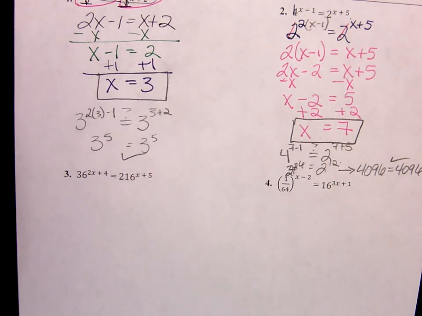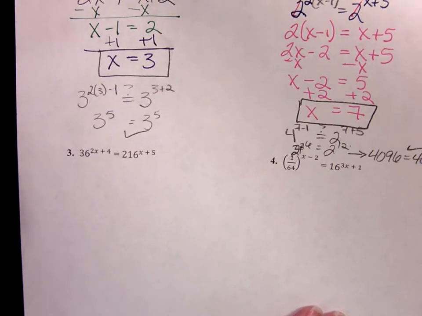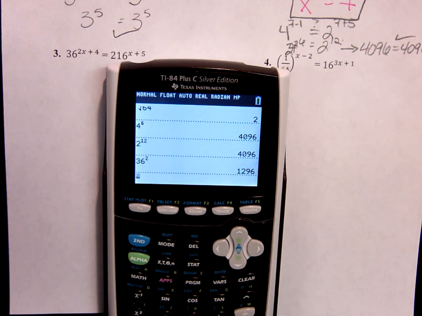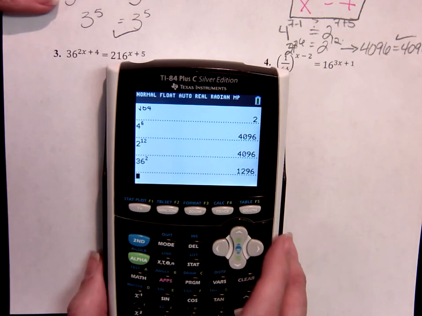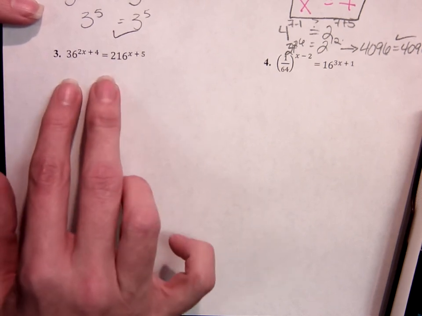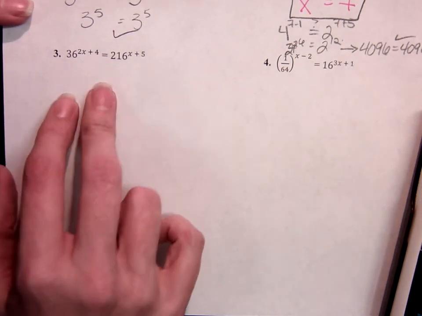Okay. Now, 36 and 216. They don't match. And I've got to see if there's a way to make them match. Well, best case scenario would be if 216 is some power of 36, right? So 36 squared, way too big. So what we're going to do is find a way to rewrite these as the same number raised to some power.